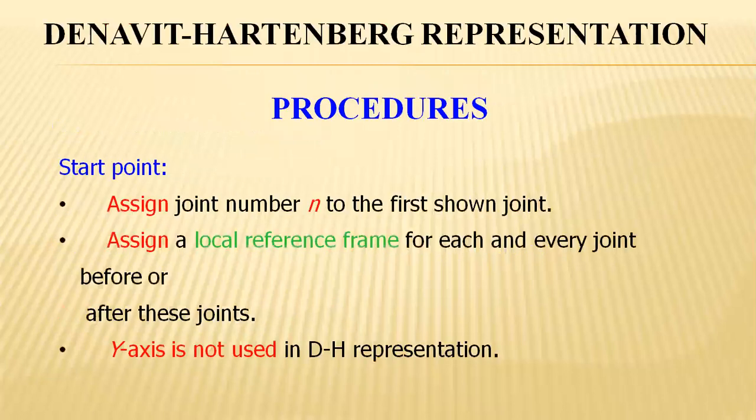Coming to the procedure starting point, that is align the joint number n to the first shown joint. So the initial joint will be aligned as n, and assign the local reference frame for each and every joint, before or after these joints.